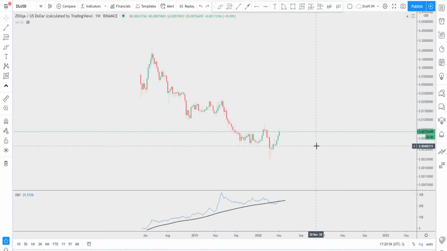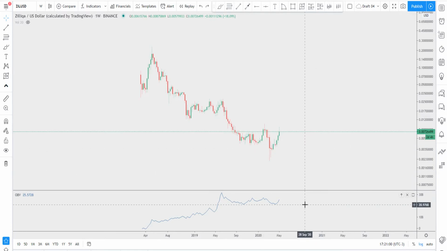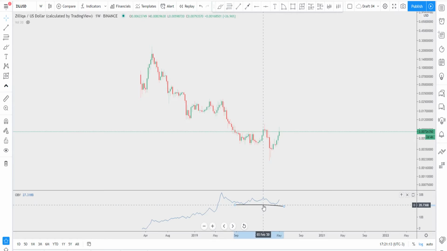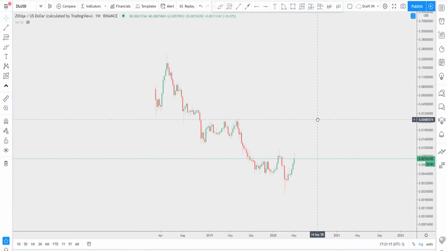So it's a green light for the bulls, but not for now. Here we made a double bottom, and here we made a new low. So a few things to watch out for.